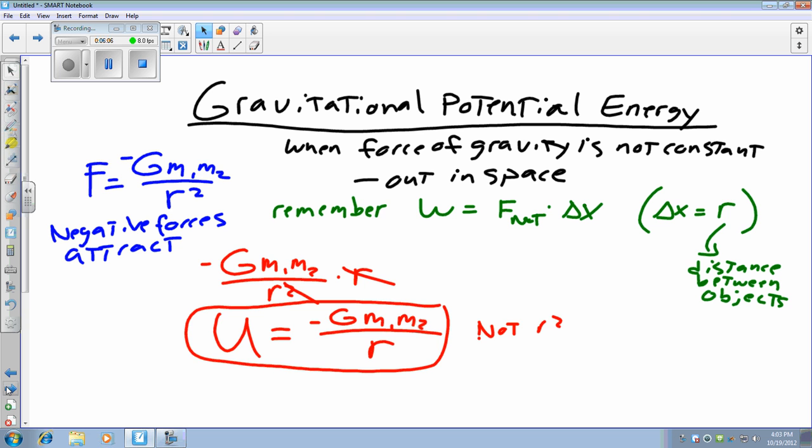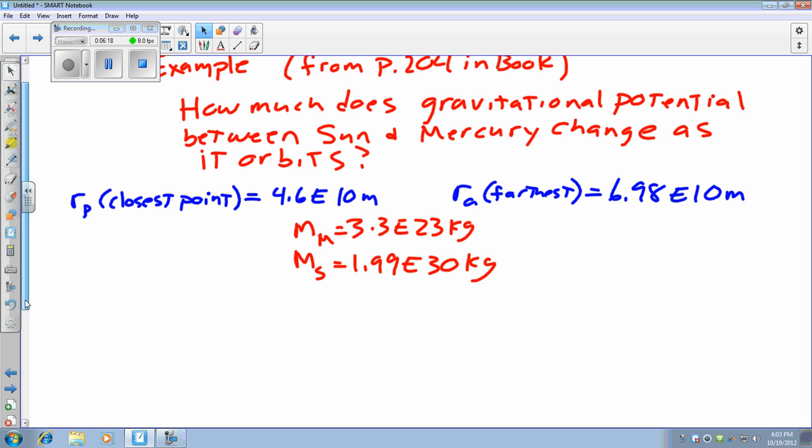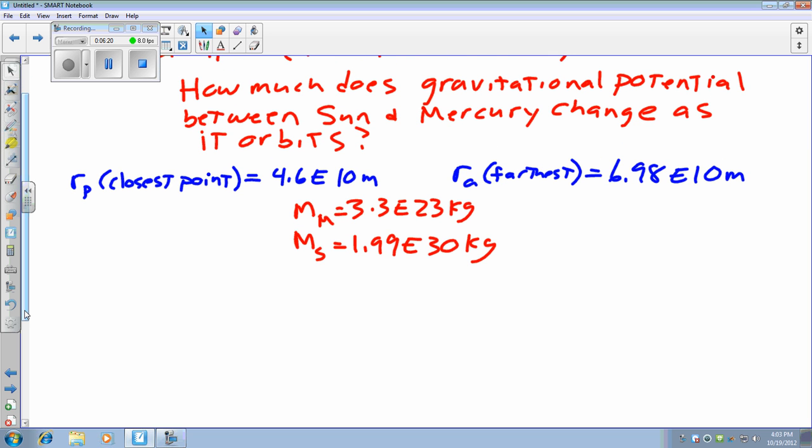All right, let's do an example. This is basically taken from page 204 in the book. I added a few numbers to make the calculation more straightforward. So how much does gravitational potential between the Sun and Mercury change as it orbits? The distance between the Sun and Mercury at its closest point is 4.6 E10 meters.